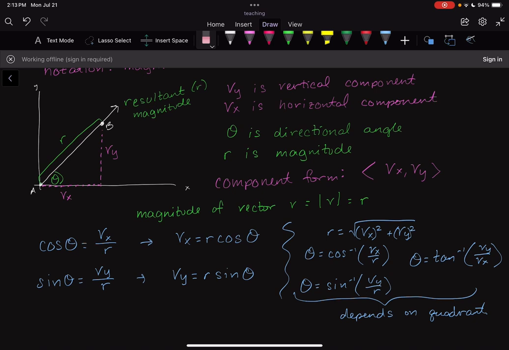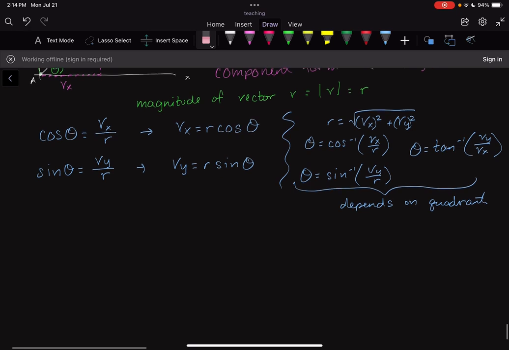Or maybe sometimes we'll want r and theta and we'll know Vx and Vy, so that'll be the other side. So we'll do some different examples.